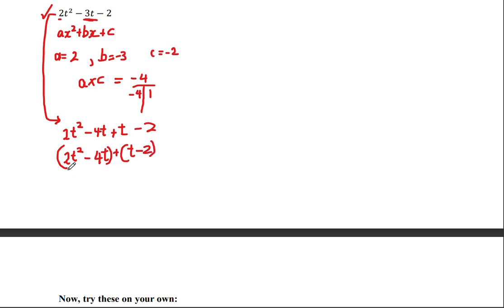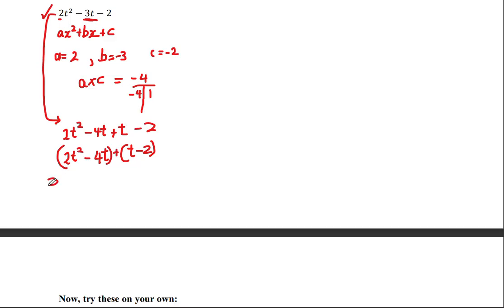And for the first two terms here, we're going to try and find the highest common factor. That is, what is the highest term that can go into both 2t squared and negative 4t? What we realize is that 2 can obviously go into itself and it can go into negative 4. And t is also common to t and t squared.